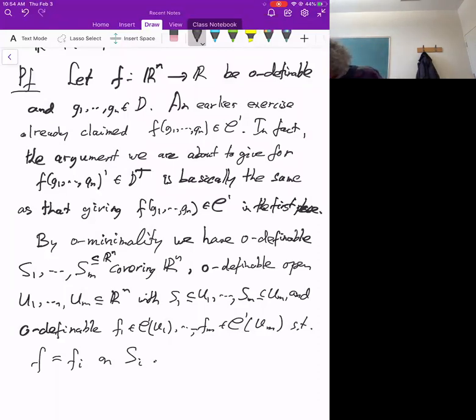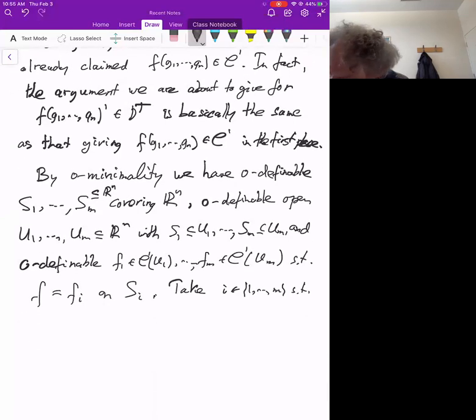Okay, and now G1 up to Gn are in D, so G1(t) up to Gn(t) will ultimately lie in one of those Si's. So take one of those such that, here we exploit an earlier fact that G1(t) to Gn(t) will ultimately lie in Si eventually.